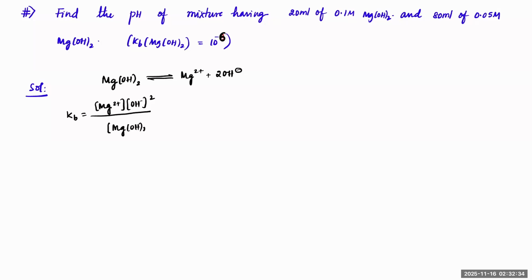This is what we have. You know that when dissociation happens, for example, if the concentration of this is C naught initially, it will become C naught minus C naught alpha, so then this will become C naught alpha and this will become 2 C naught alpha. So that will be the KB value here, correct?